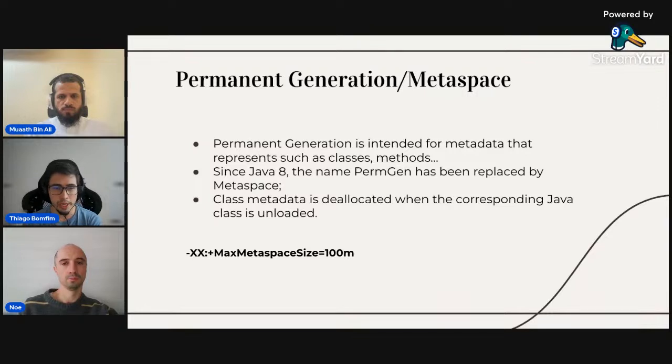And the metaspace and permanent generation is intended for metadata that represents classes, methods, things like that. And this metadata is deallocated when the corresponding Java class is unloaded, okay? This happens when the GC is executed, okay?